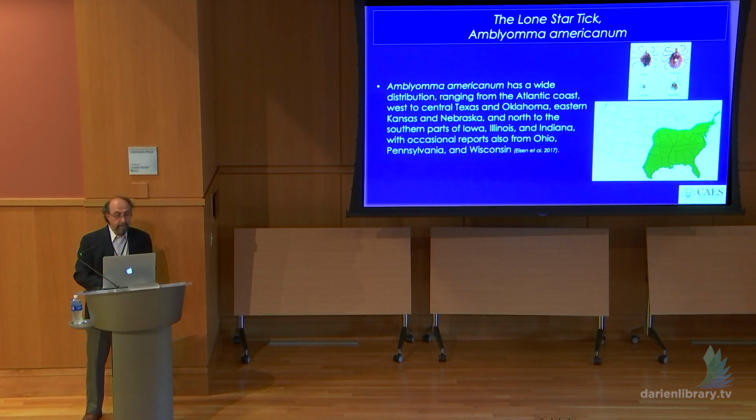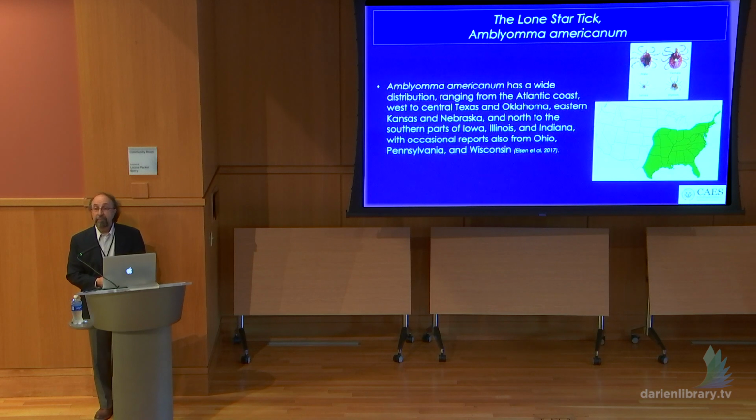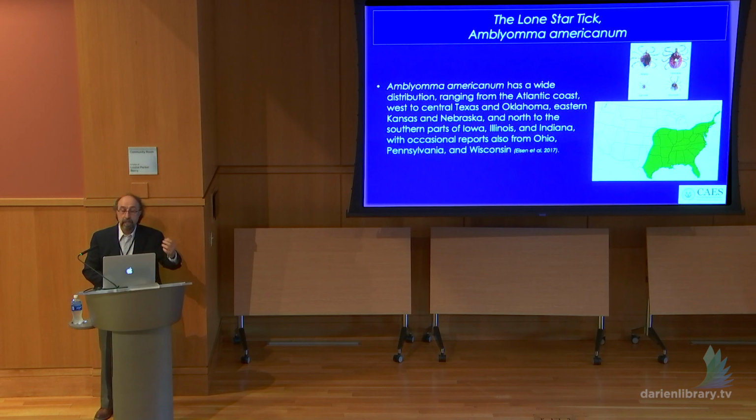In 2020, we reported an established population. In 2017 and 2018, this population was in Manresa Island. You know Manresa Island. But in 2020, we found it in Stratford, Bridgeport, and later on in New Haven County.